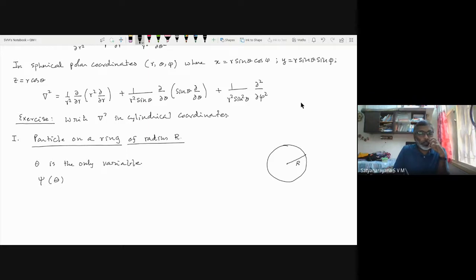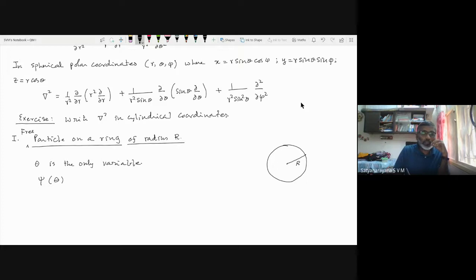Okay, so that means we can write down the Schrodinger equation. It's a free particle on a ring, that means there is no potential.